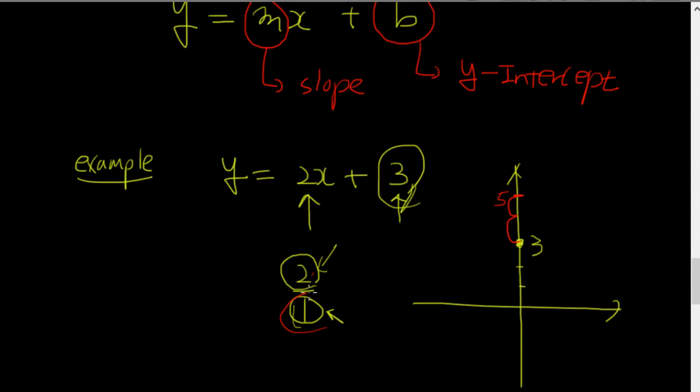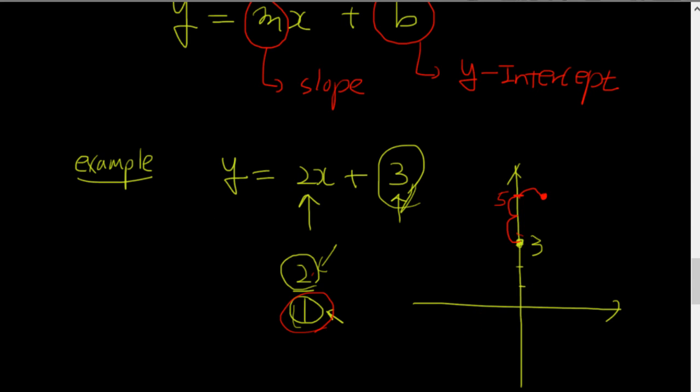What about the x change? The x change is 1 unit, so move 1 to the right, and we end up here. We started from here and ended up there. So now we have a line that goes like this.